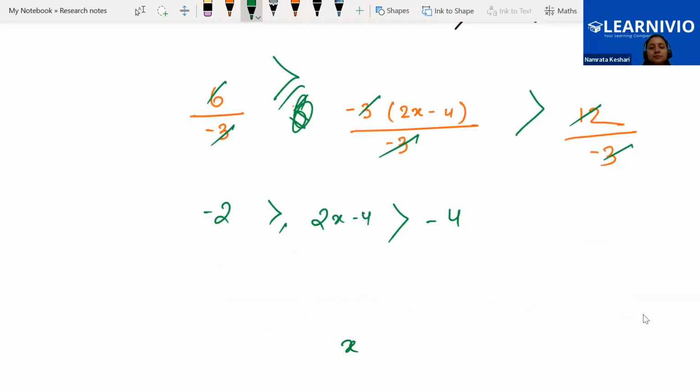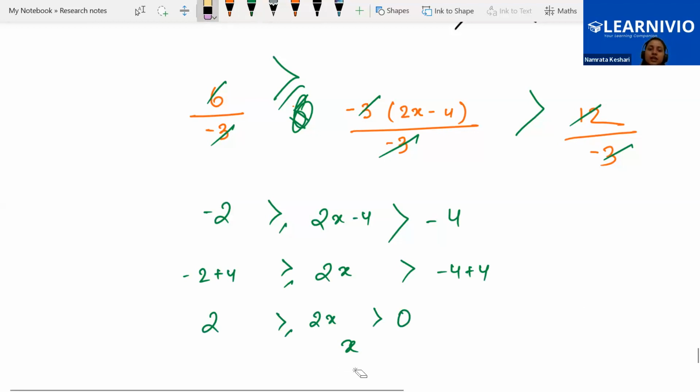Tell me, what is the range of x? What are you getting?